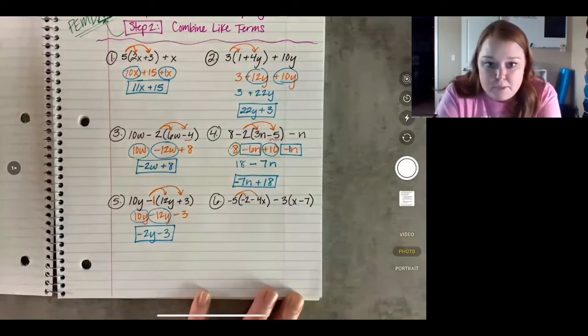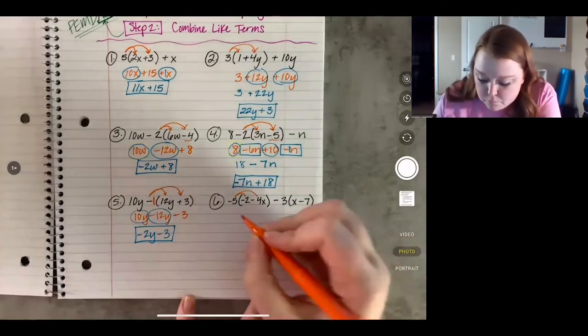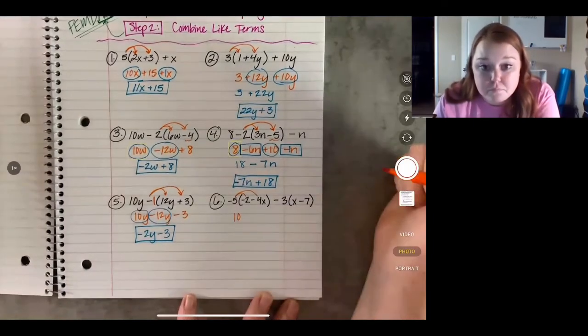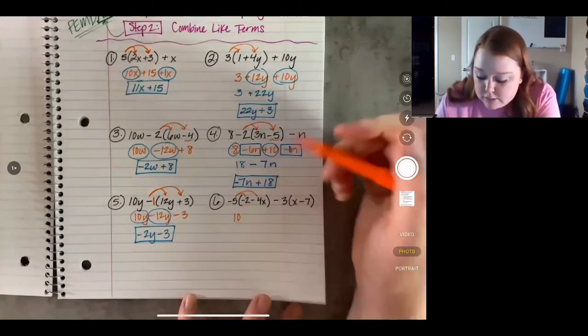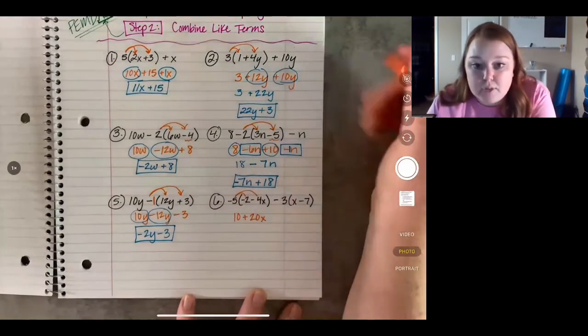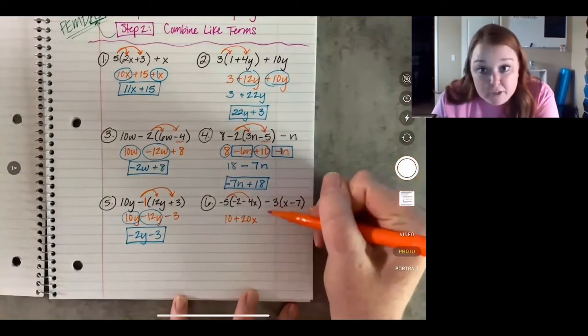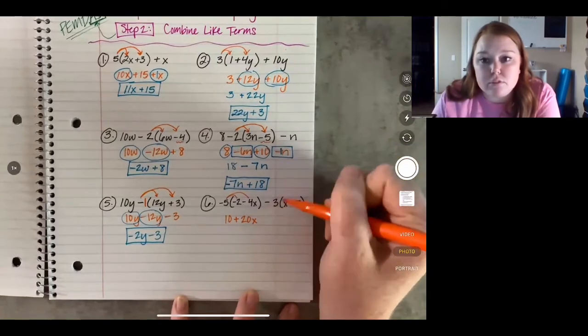Let's start with the first set. -5 times -2, +10. -5 times -4x is +20x. Okay, I'm not going to drop down a minus sign, don't, because that minus sign really belongs to the 3.